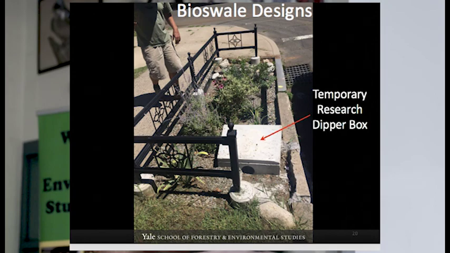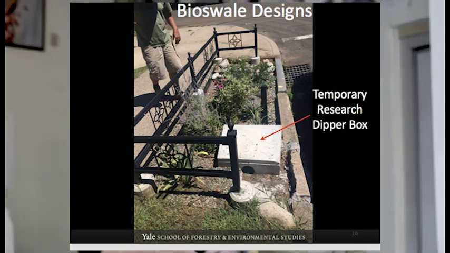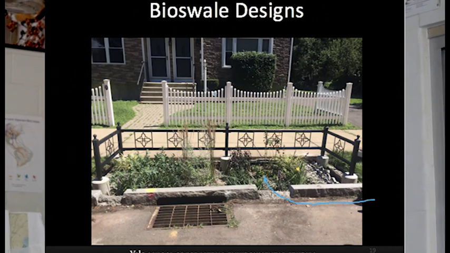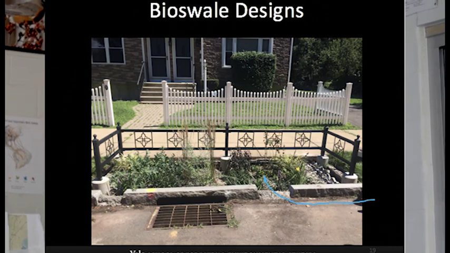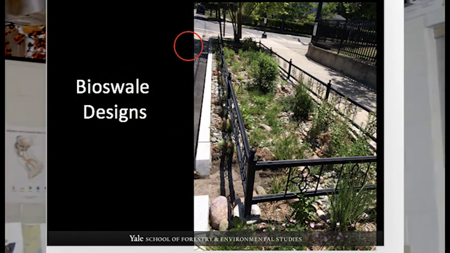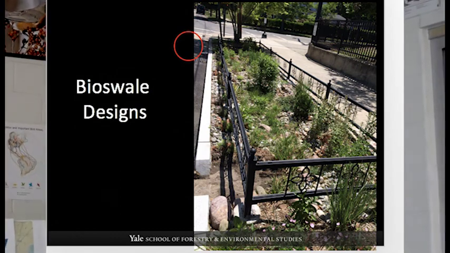And that turns out to be a little trickier than you might expect. If you look at some of the bioswales that we've installed in the city, you'll see these curious boxes. And they're temporary. This is just another bioswale design. A bigger one, and you can see here's the catch basin. The water's coming down the street. It's going to get into this system and never has to go into the catch basin.